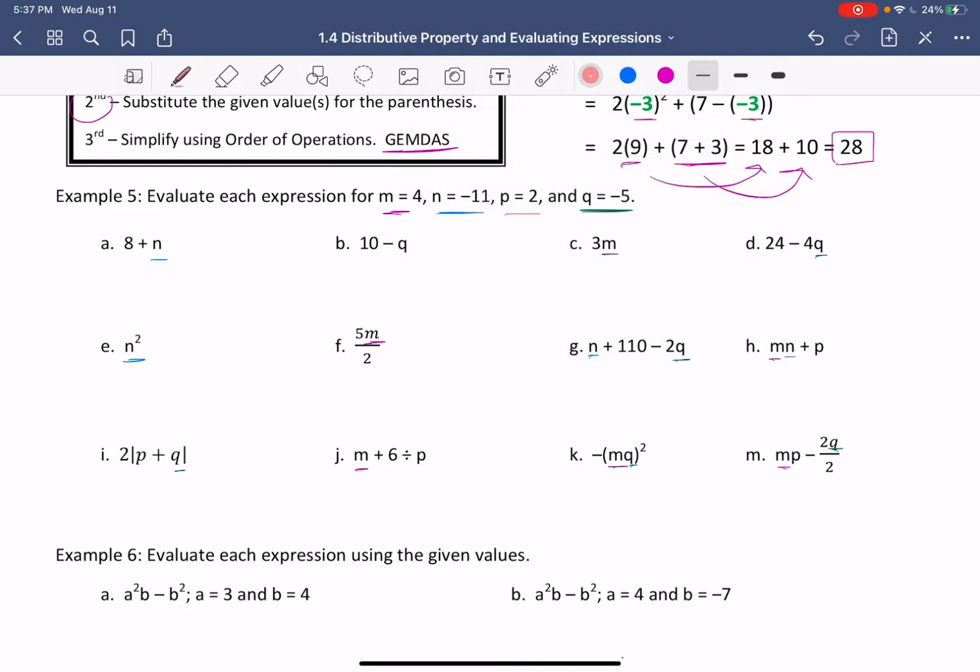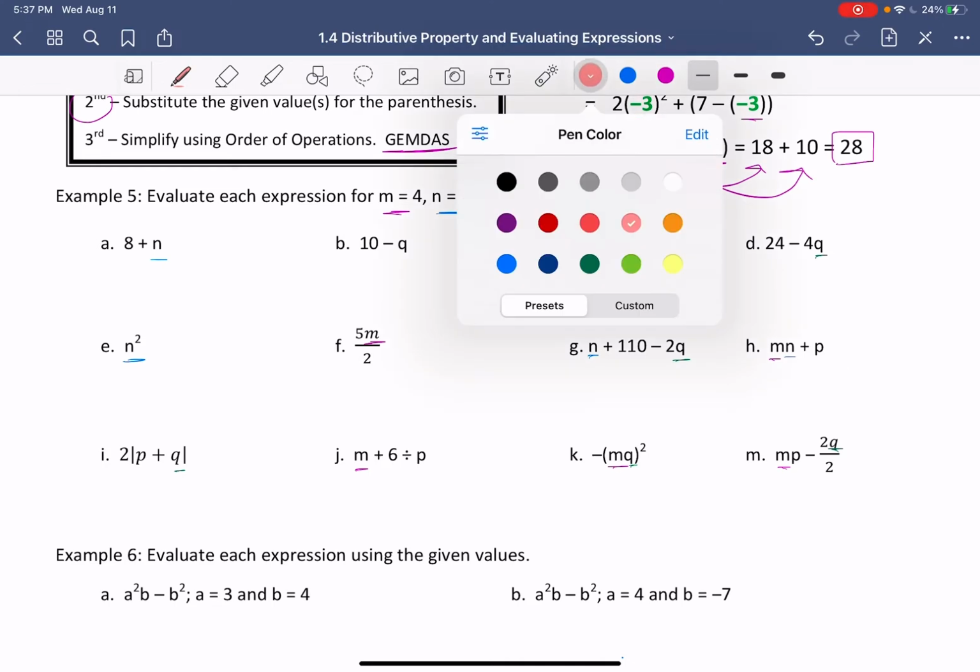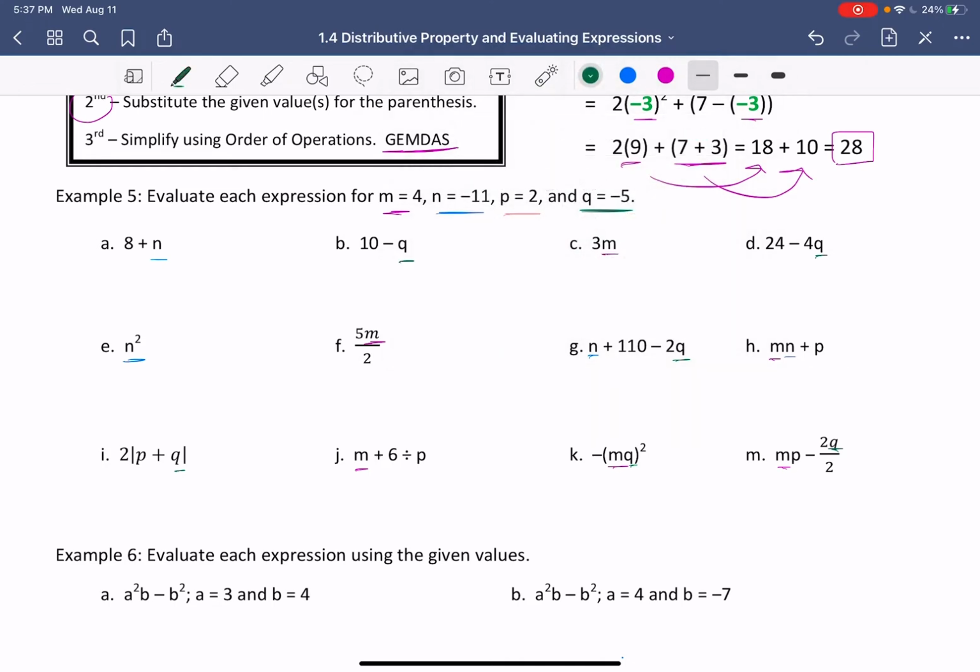And then we have p for 2. Oh, there's a q, of course. Anywhere we have a p, I'm going to underline that as well.